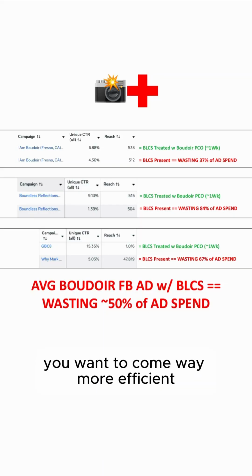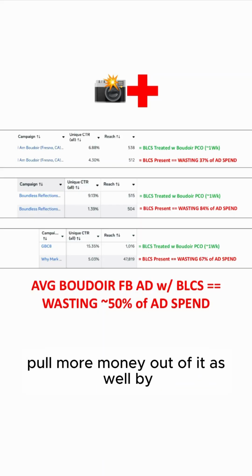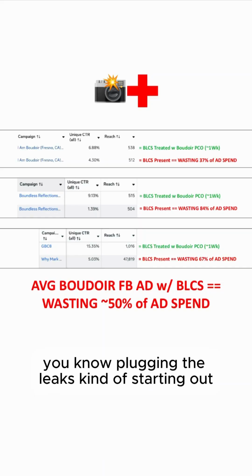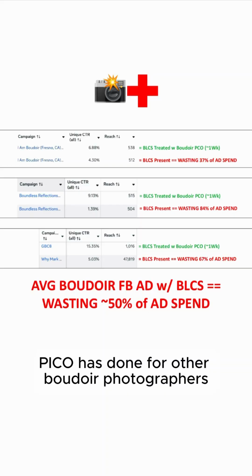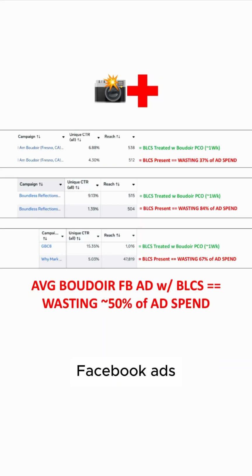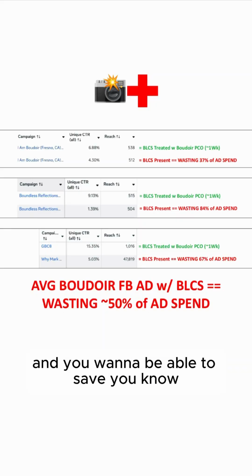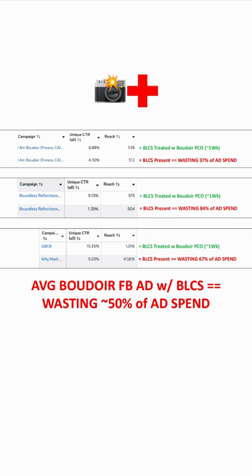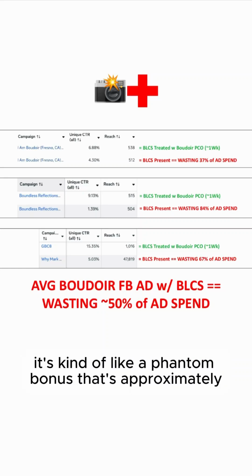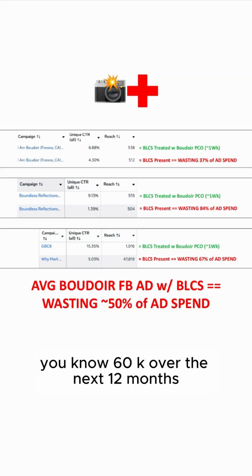You want to plug the leaks, and you're seeing what Boudoir Pico has done for other boudoir photographers' Facebook ads. And you want to eliminate approximately 5K of ad spend every single month, literally back in your pocket. It's kind of like a phantom bonus. That's approximately 60K over the next 12 months.